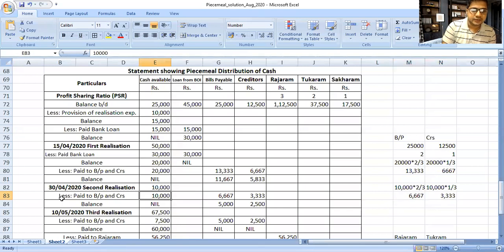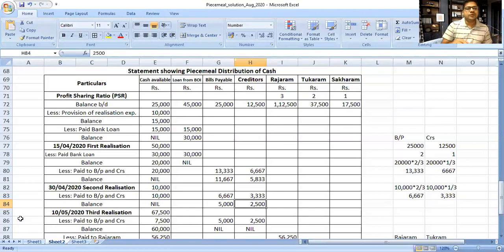So we write here: paid to bills payable and creditors 10,000, and we divided this particular value as 667 and 333. The rest of the balance is nil, and bills payable is still pending 5,000 and creditors 2,500. We paid as per the ratio 2 is to 1. Still we have to pay bills payable 5,000 balance and creditors 2,500.